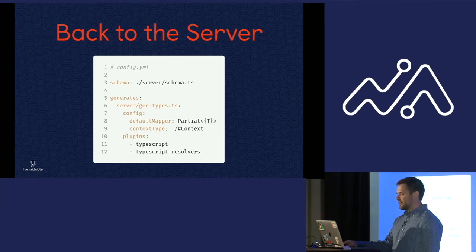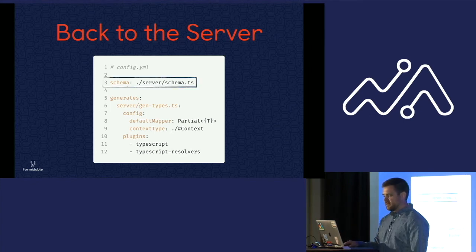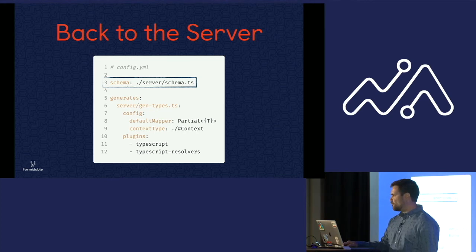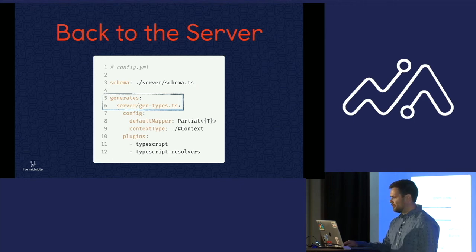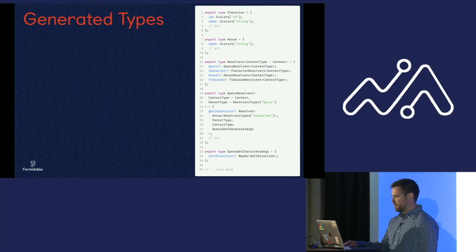Here's an example configuration for the tool. Don't worry about all the options. I'm just going to point out a couple of things. This field tells the tool where to find your GraphQL schema. And this field will tell the tool where to actually output the generated code. Here's an example of some output that you'll get.